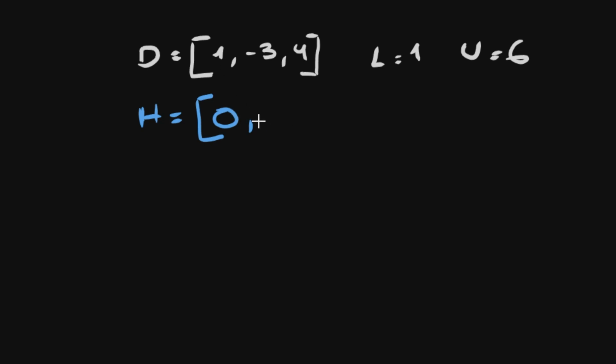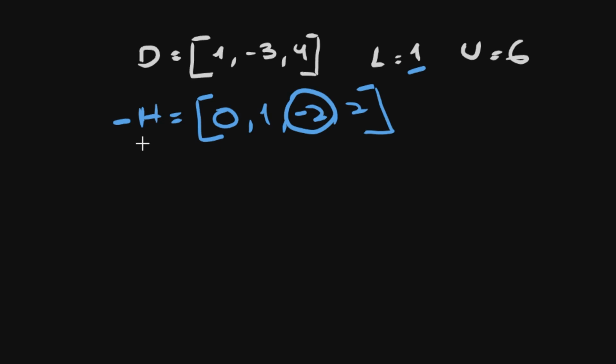So 0 plus 1 is 1. 1 plus minus 3 is minus 2. And minus 2 plus 4 is 2. So the maximum value for this one would be 2, and the minimum value would be minus 2. Given that the minimum value is smaller than our lower bound, this hidden array is not valid.